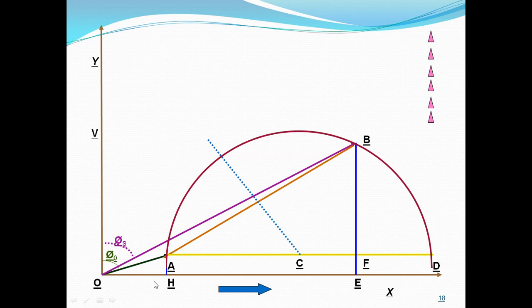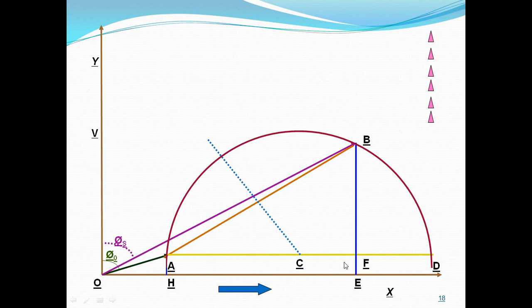From A that is AH, from B that is BE, which cuts AB at point F, where AH is equal to FE. Both are equal and both represent fixed losses, that is friction and windage losses and stator copper losses.